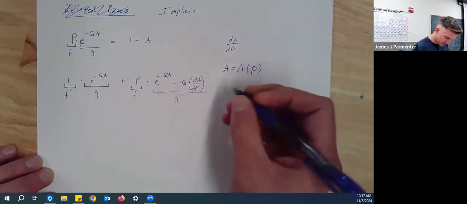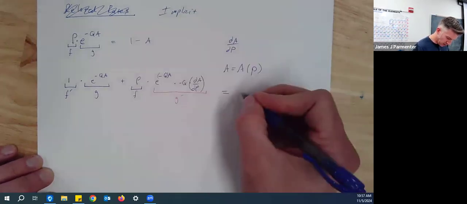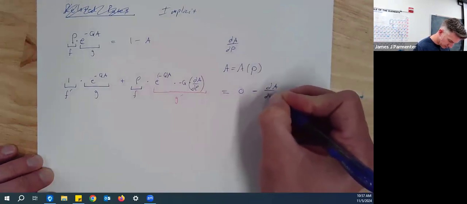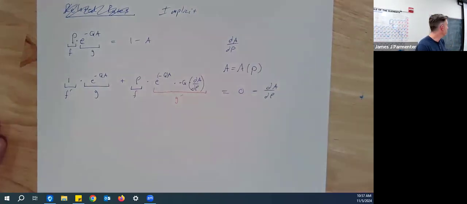On the right-hand side, the derivative of 1 is 0, and the derivative of negative A is negative the derivative of A. Just like any implicit differentiation problem, after the first step, the rest is algebra. I'm not saying that to say it's easy, just that it's processes we are familiar with.